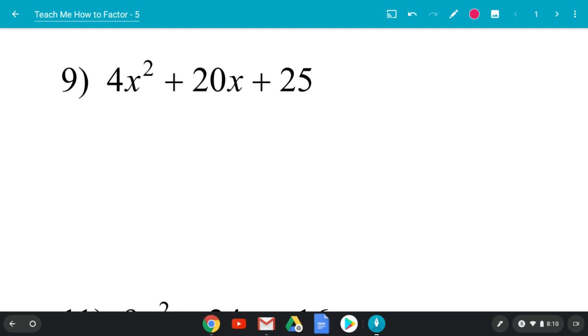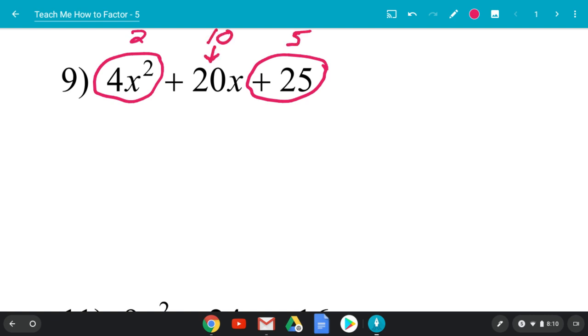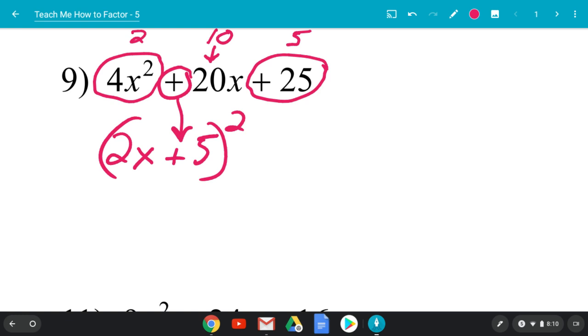You seem so unsure. How do you know? It has a perfect square at the end, perfect square at the front. That's good. What's the square root of 4? What's the square root of 25? 2 times 5 is 10, doubled is 20, yes, it's a perfect square trinomial. So it becomes rather easy. 2x plus 5 quantity squared.